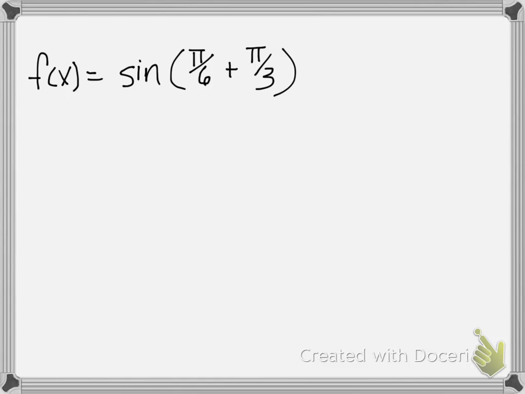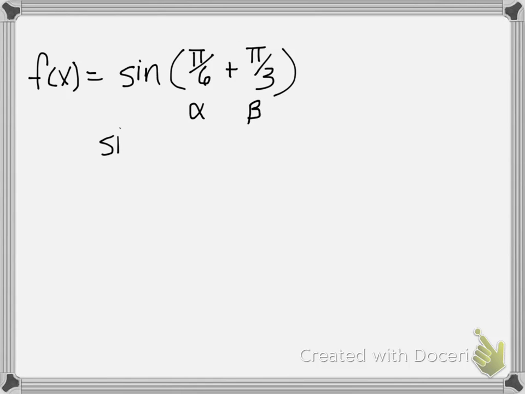whenever you have a double angle, let's just say this is going to be alpha, and that's going to be your beta as far as angles.